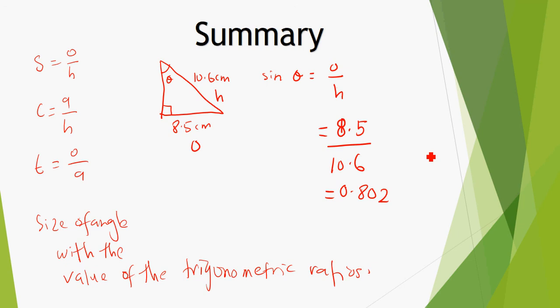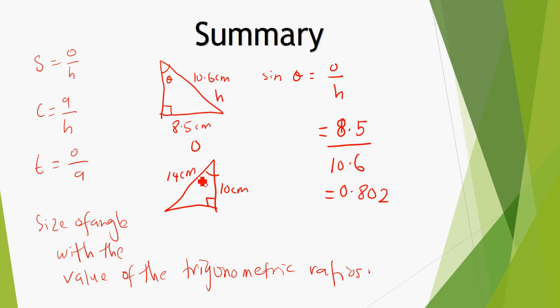Another example involving cos. Let's say you have a triangle like this. It's 90 degrees. Here is 10 cm. This is theta. This is 14 cm.